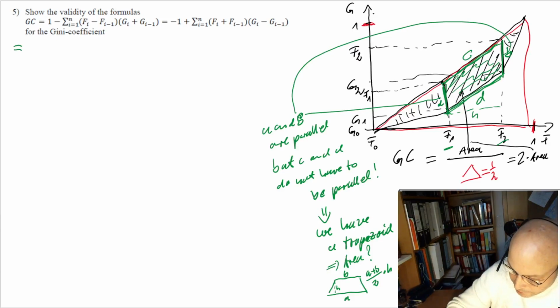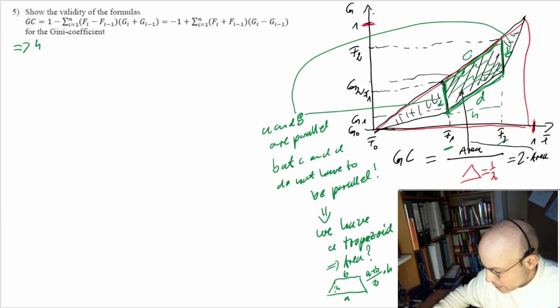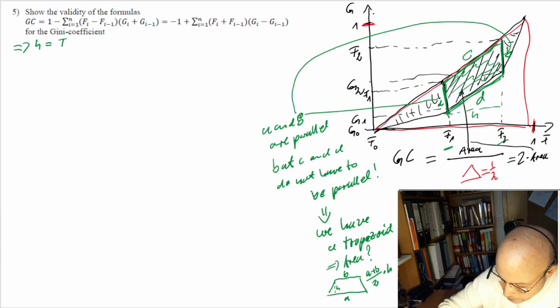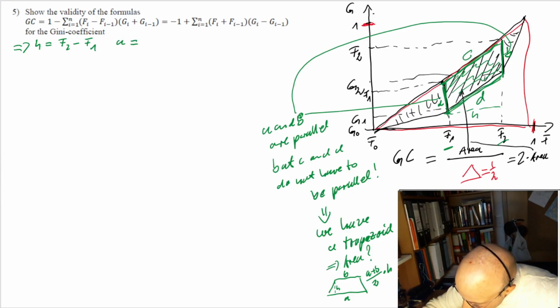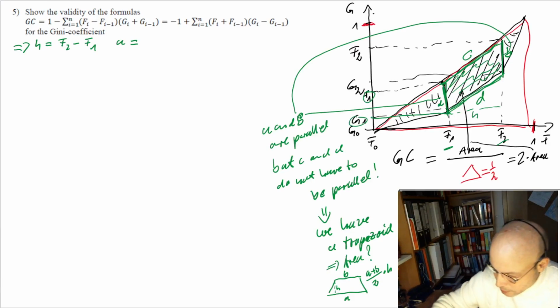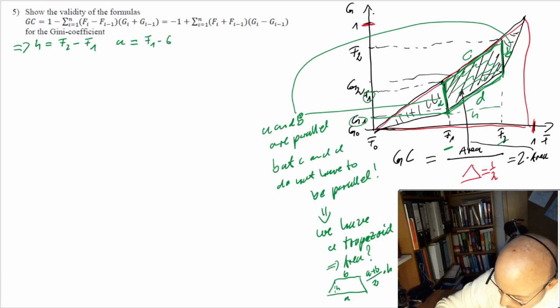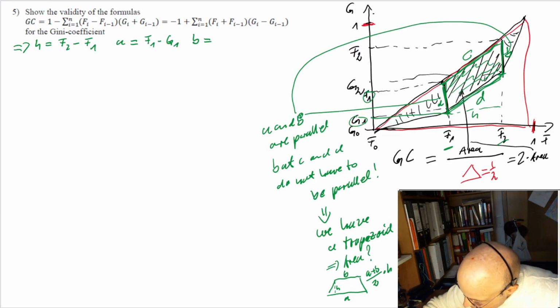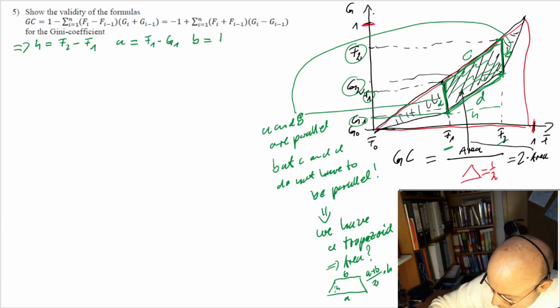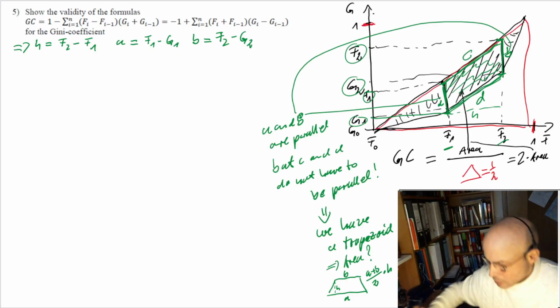So the height of our trapezoid is F2 minus F1, A is F1 minus G1, and B is G2, and this point here is F2, so we have F2 minus G2.